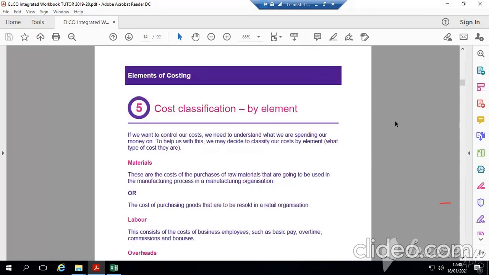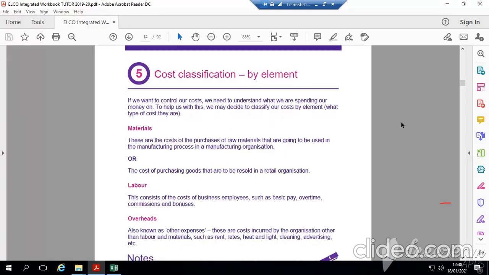The second, cost classification by element. We have three types of cost by element: material, labor, overhead. You need to distinguish between what is cost of material, what is cost of labor, and what is the overhead.